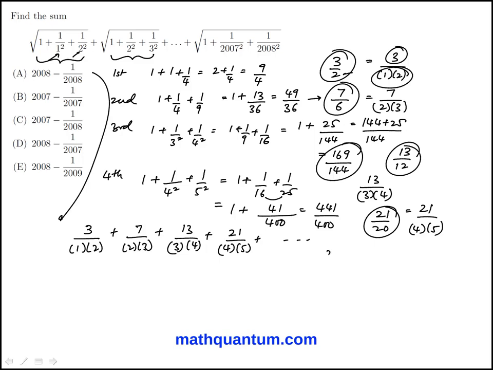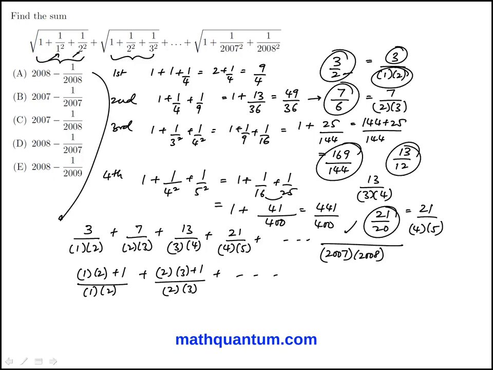And then the final term would be 2007 times 2008. So this would be 1 times 2 plus 1 over 1 times 2. This would be 2 times 3 plus 1 over 2 times 3. And then so on and so forth. And this would be 2007 times 2008 plus 1 over this product.